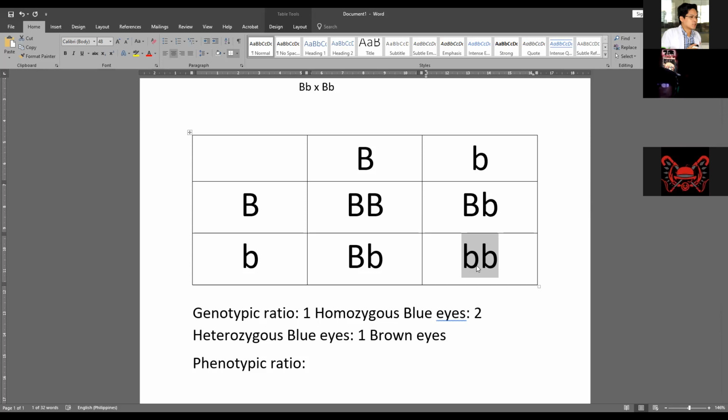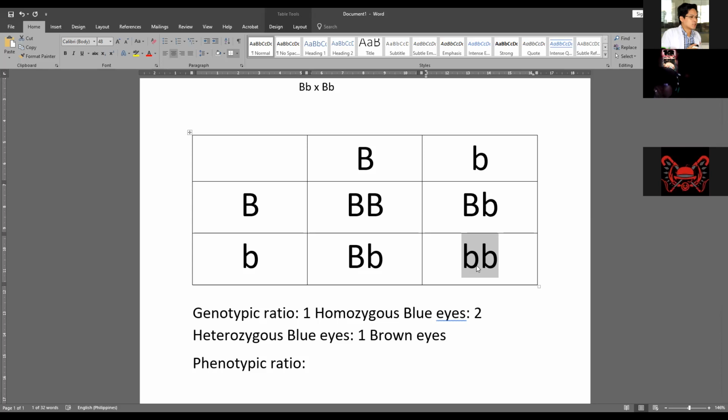If your parent doesn't have that recessive allele, like for example, if your mother is carrying that recessive allele and your father didn't actually carry it, it will not actually be observed in your offspring. Dili siya makita because it is not paired with another recessive allele.